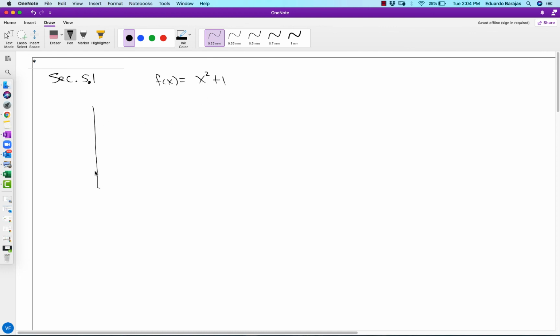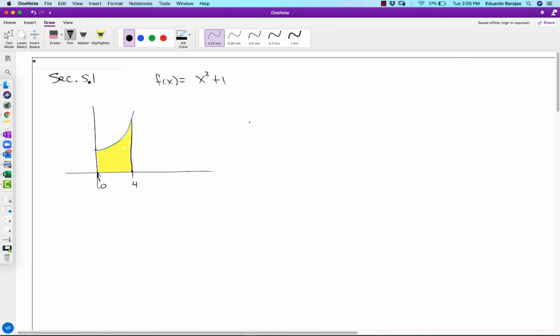Here is my function, and we wanted to find the area between 0 and 4. So we wanted to find the area trapped in here.